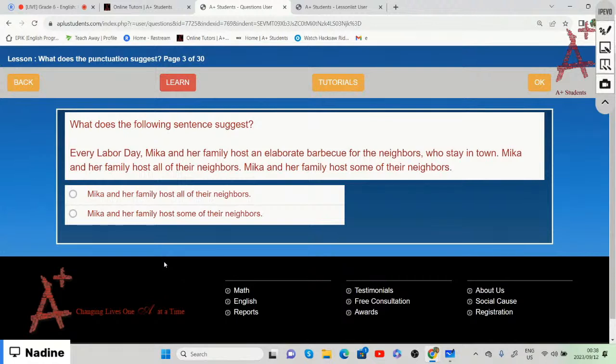So, what do you think? What does the following sentence suggest? Every Labor Day, Mika and her family host an elaborate barbecue for the neighbors who stay in town.